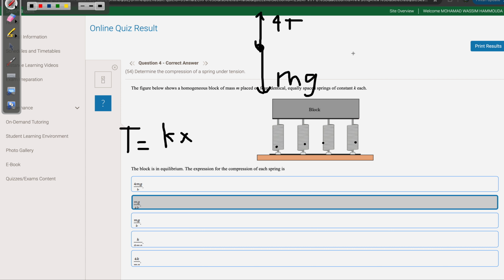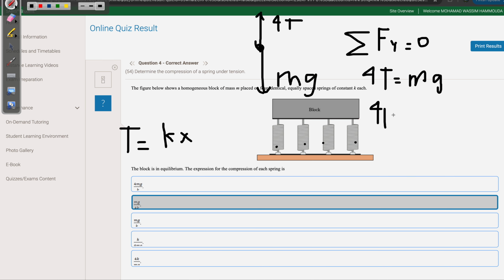Okay. So, since the block is in equilibrium, let's do sigma Fy equal to 0. So, 4 tension is equal to mg. So 4kx is equal to mg.